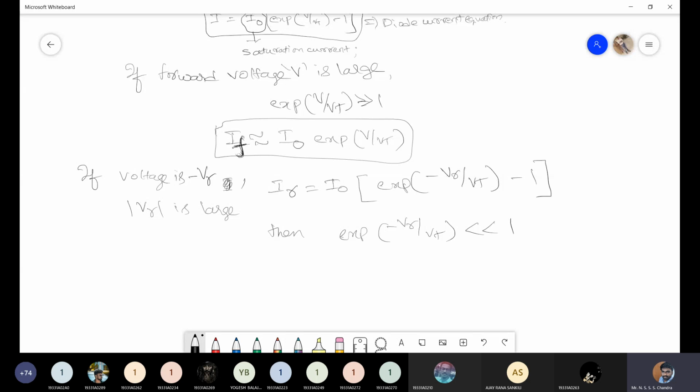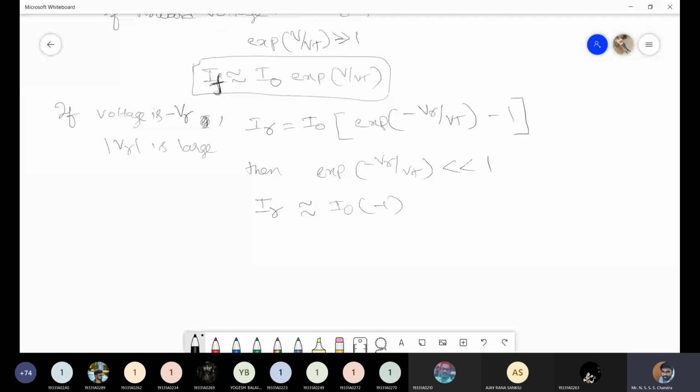So now I will be neglecting this exponential term. I can write IR is nearly equal to I naught into minus 1, or I can simply write IR as minus I naught, which I am calling the reverse saturation current.